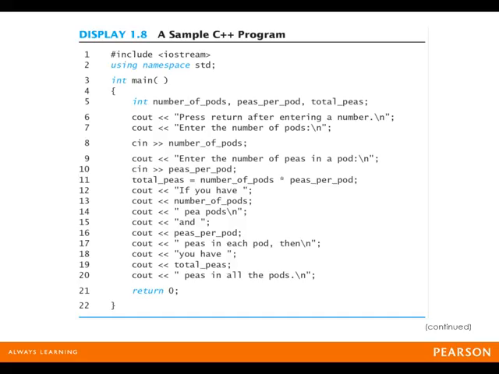The next one says using namespace std. When you learn about objects, when we want to use a certain function, we have to say where this function belongs. Because I don't want to keep saying that my cout and cin belong to std, I just put it under using namespace std.